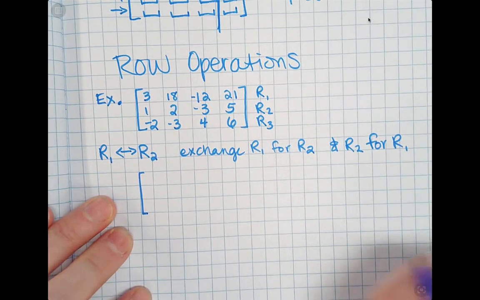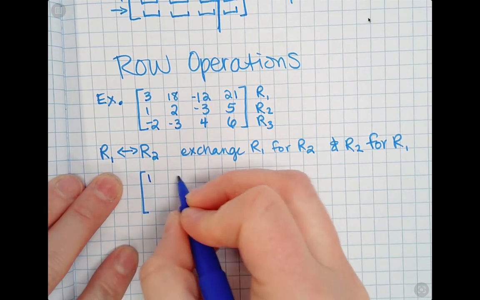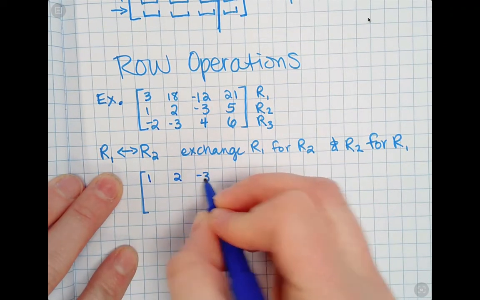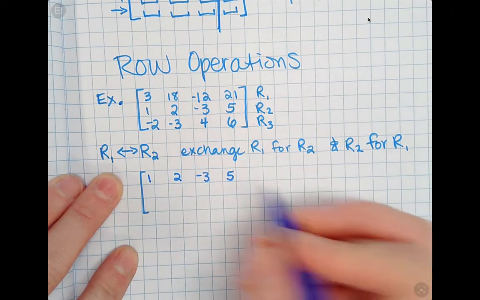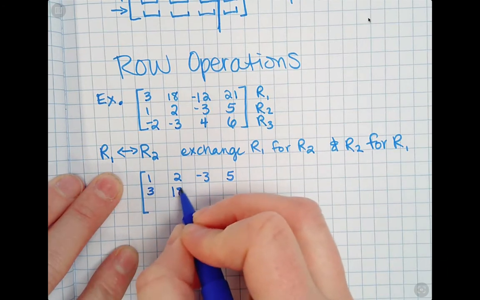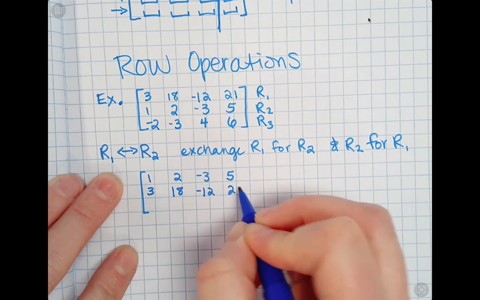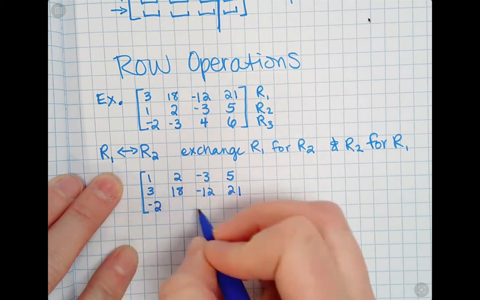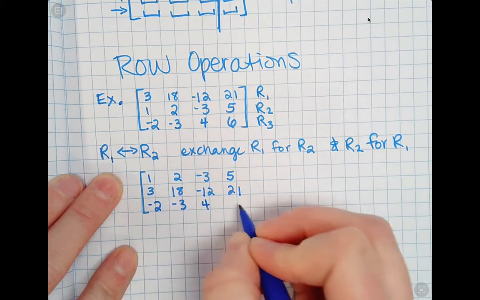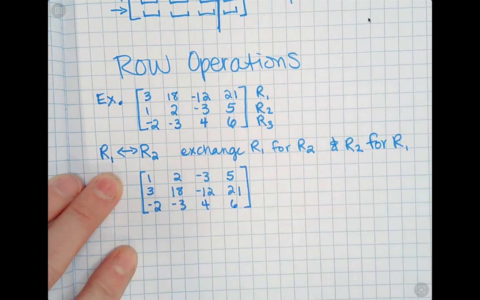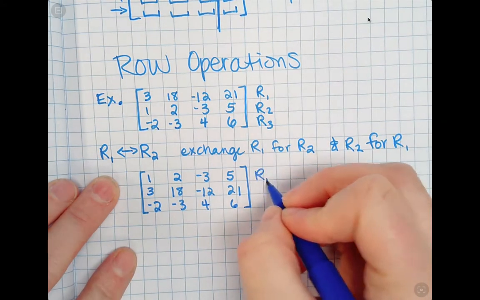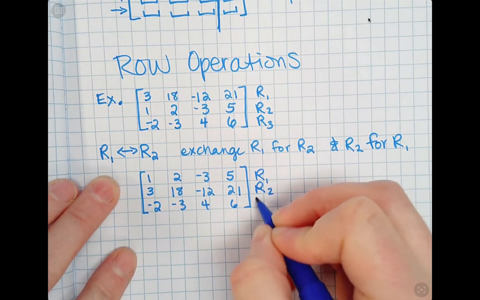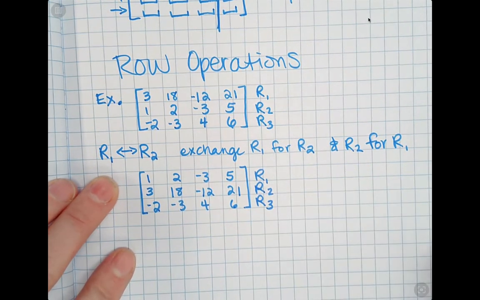So then we could rewrite it, be 1, 2, -3, 5. 3, 18, negative 12, 21. Then nothing happens to row 3. It just stays the same. So now this is our new row 1, this is our new row 2, and our row 3 stayed the same.